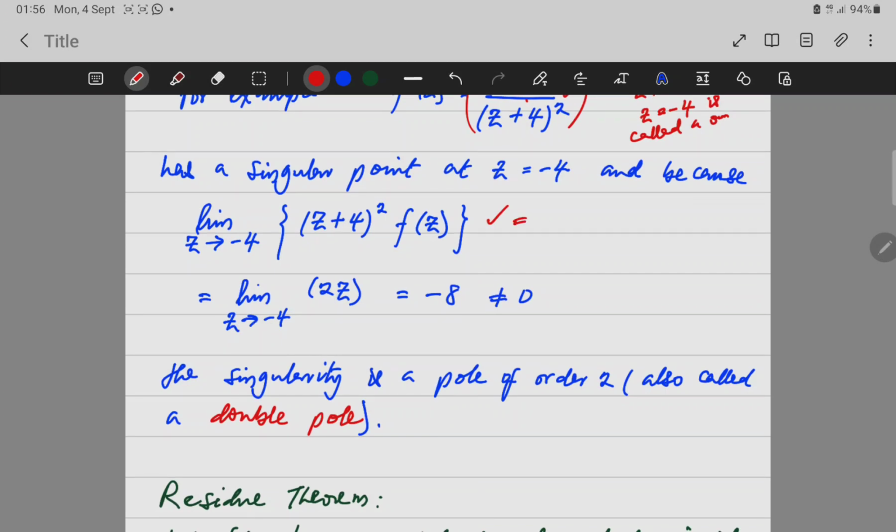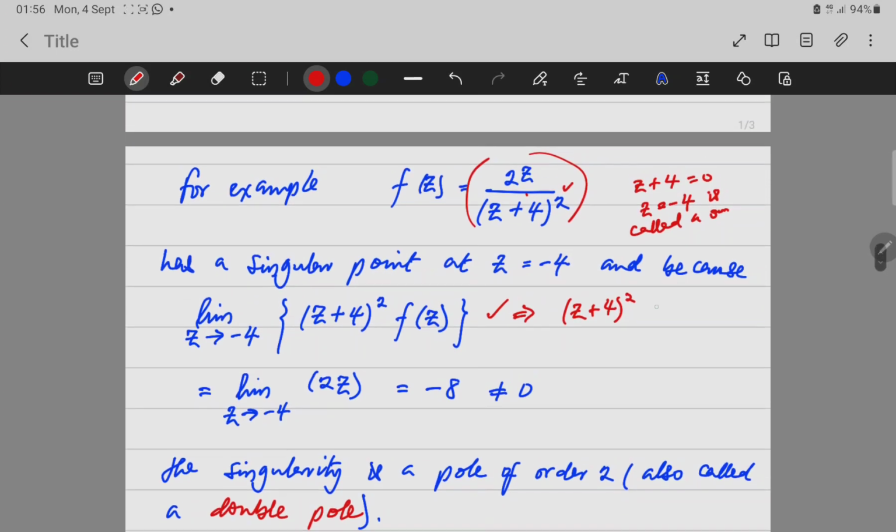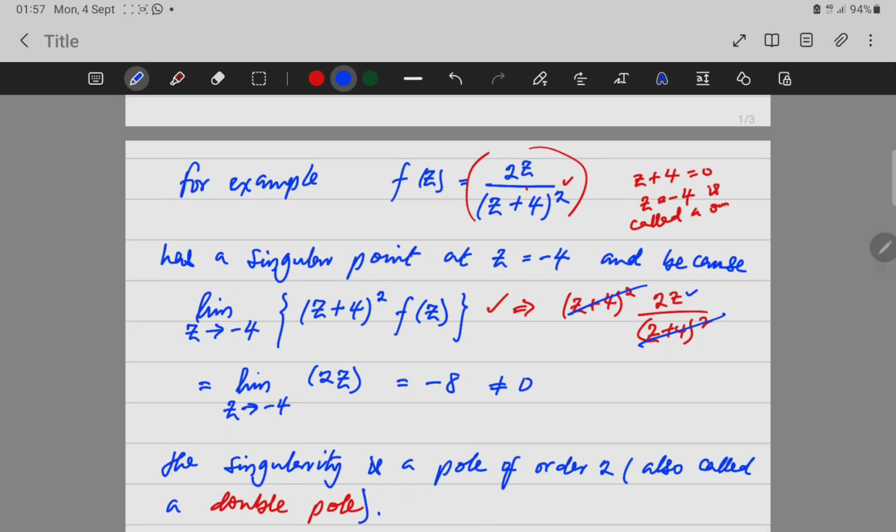Now, you believe with me that we can have this z plus 4 raised to power 2, and your f of z is 2z divided by z plus 4 raised to power 2. So this and this will cancel, then we are left with 2z.